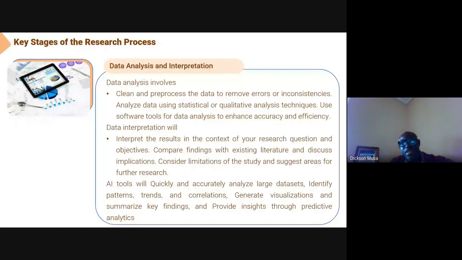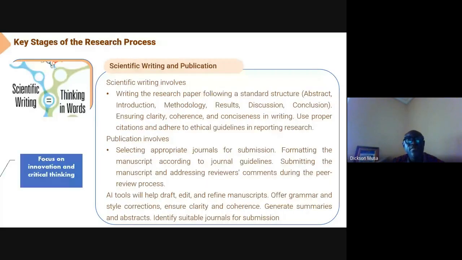It helps to compare your findings with existing literature and gives you the implications of your findings. There are AI tools that will quickly and accurately analyze large data sets, identify patterns, trends, and correlations, generate visualizations, and summarize key findings. They can also provide insight through predictive analytics.